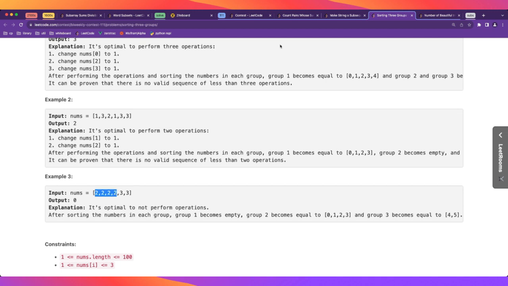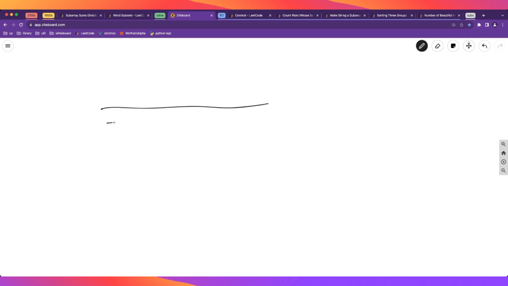We can have a first index. Let me draw this. So we want to partition the array such that from the beginning we have this i variable and this j variable.